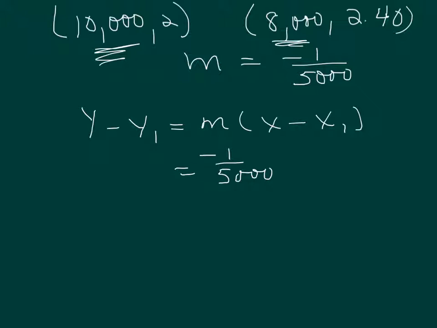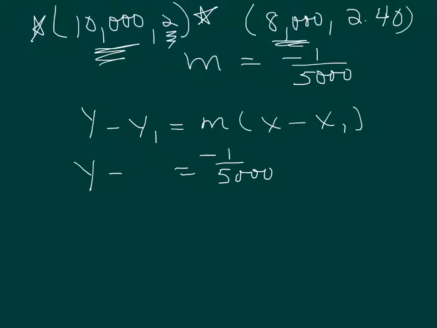So we get to just pick one point. I'm going to pick the easiest of the two, which is going to be the 10,000 comma 2 point, because those numbers are just easier to work with. You would get the same answer regardless of which point you picked, but I'm going to pick that point. So y minus y1.